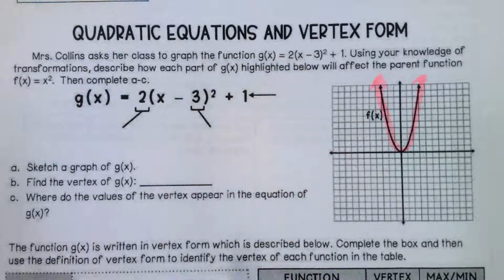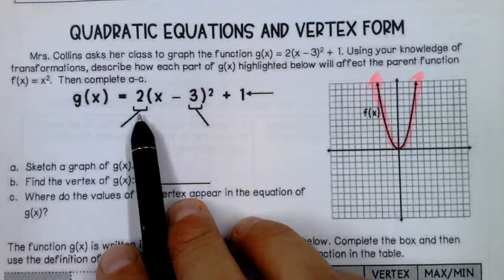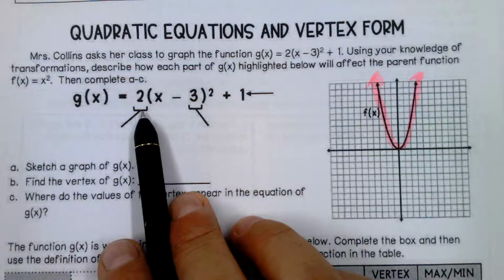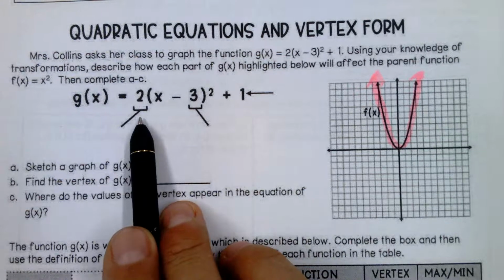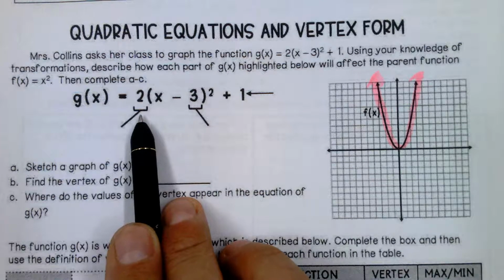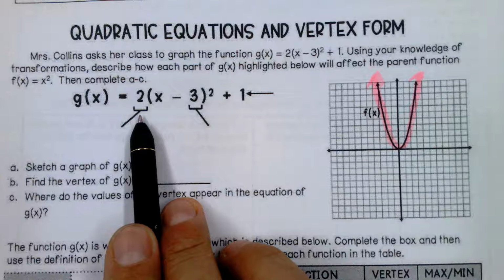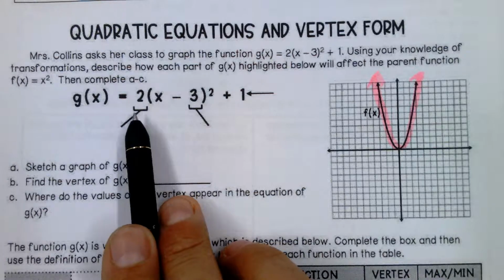Like this 2 in the very front. We talked about what this a value does. What does it tell us if it's a 2 in front? Just from what we learned yesterday about it. This is the a value. What's it going to do? What knowledge do we know without even graphing it? Because this is a positive number, it's going to open up. How about the fact that it's greater than 1? It's a 2, right?